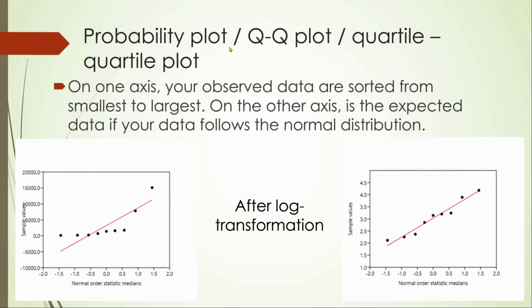So in a probability plot, QQ plot, quantile plot, on one axis your observed data are sorted from smallest to largest, and on the other axis is the expected data if your data follows normal distribution. So here you can see the QQ plot before log transformation and after log transformation. So after log transformation, your data fits the normal distribution well.